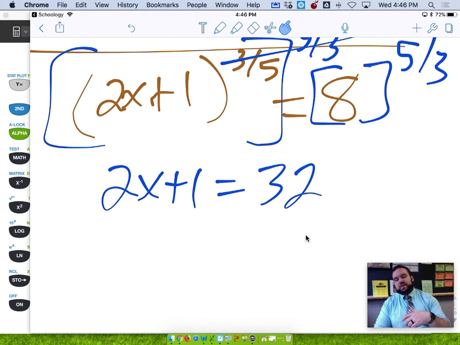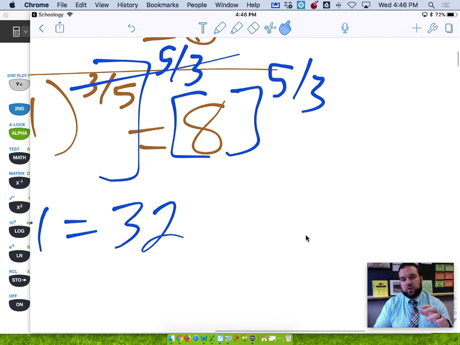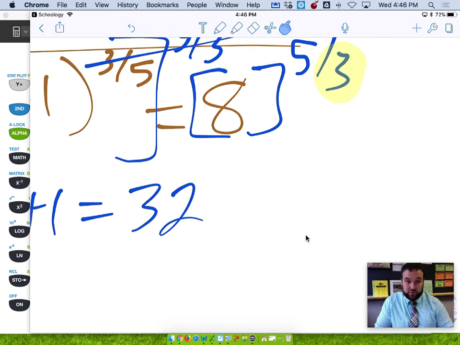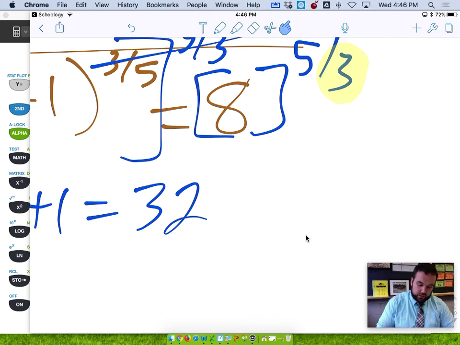And this is what we discussed in the previous lesson, that if you were raising 8 to a power that had an even number on the bottom, such as 2 or 4 or 6, you would need to then do plus and minus. But since our exponent that we are raising both sides of the equation to is 5/3, the denominator is 3.